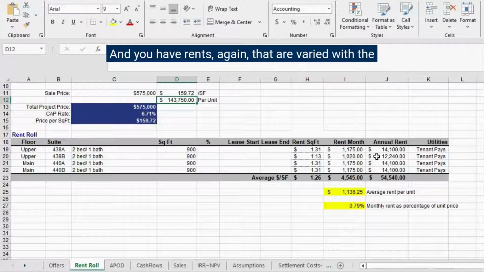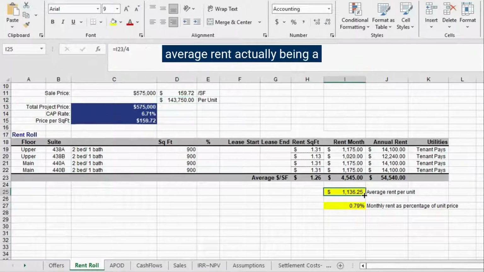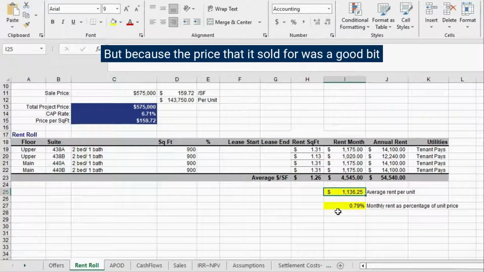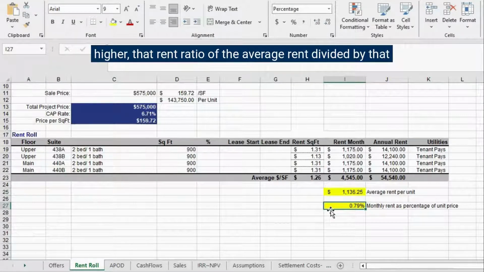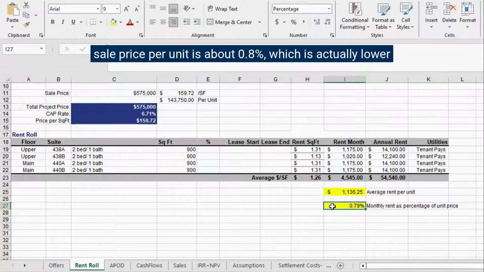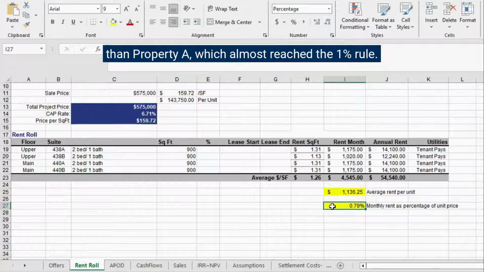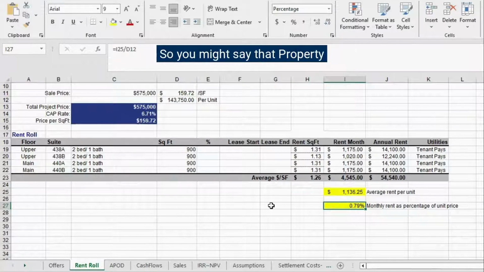And you have rents, again, that are varied, with the average rent actually being a little bit higher than property A. But because the price that it sold for was a good bit higher, the rent ratio of the average rent divided by that sale price per unit is about 0.8, which is actually lower than property A, which almost reached the 1% rule. So you might say that property A was the better buy, right?